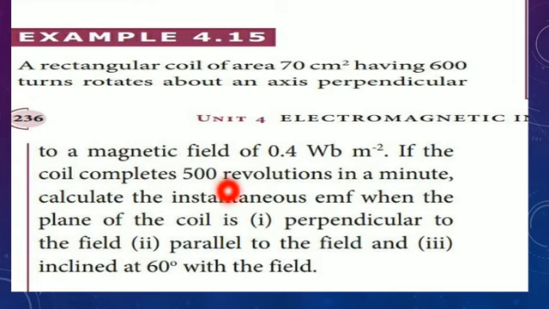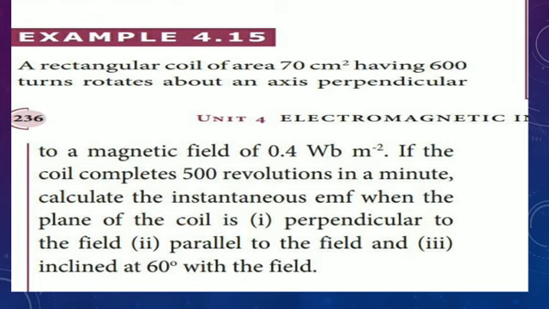Calculate the instantaneous EMF when the plane of the coil is one, perpendicular to the field, another one, parallel to the field, and inclined at 60 degrees with the field.